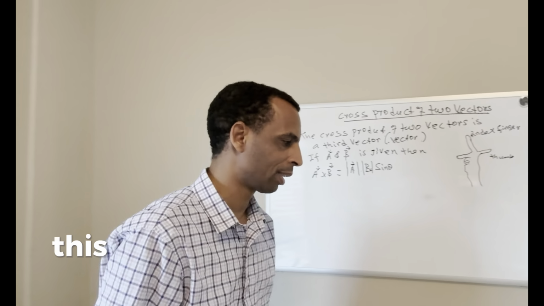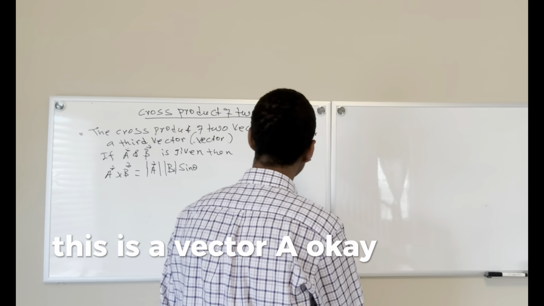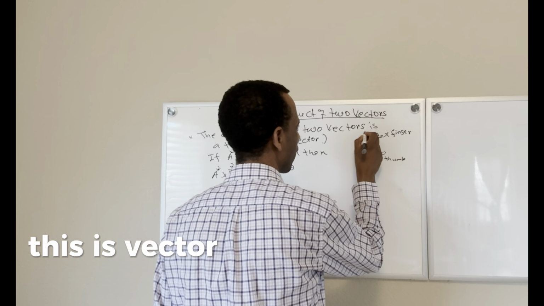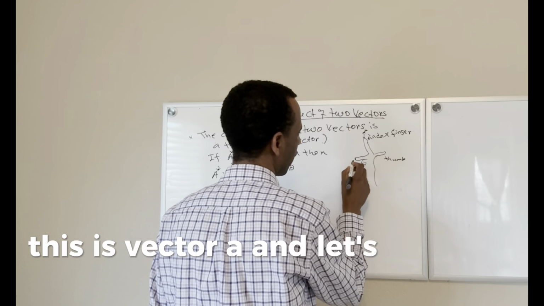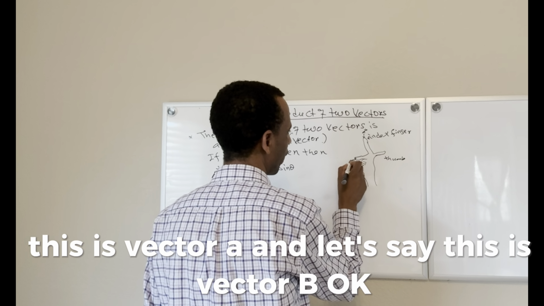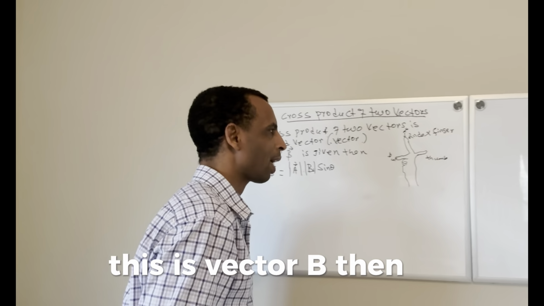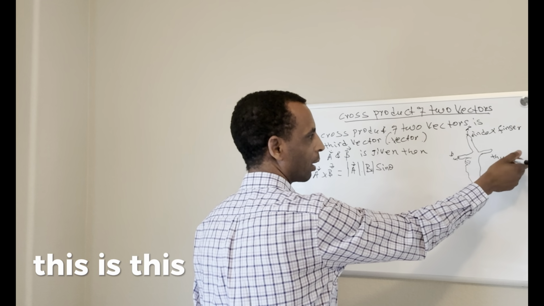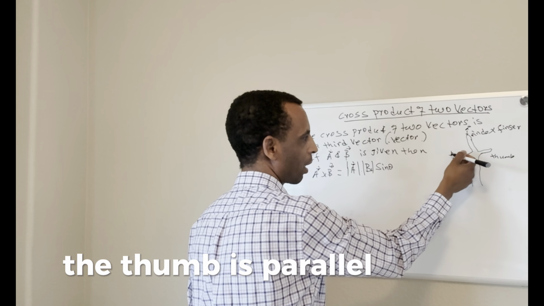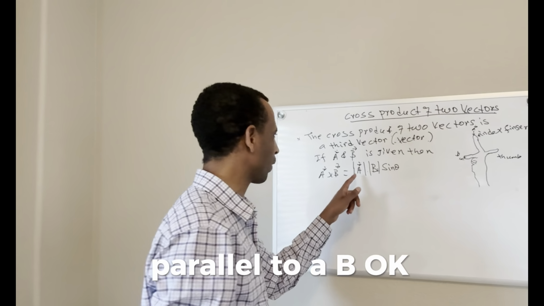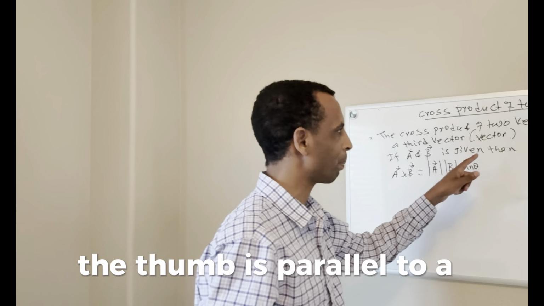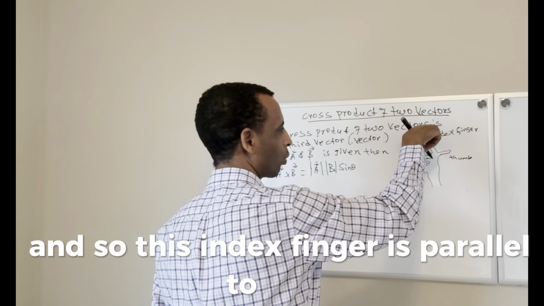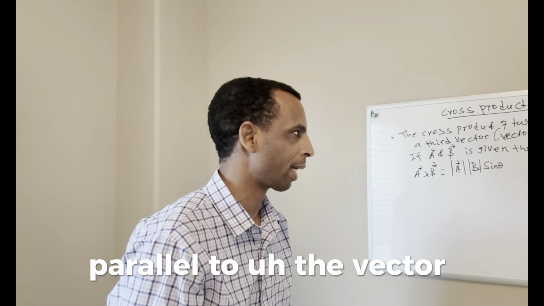Let's say this is vector A, and this is vector B. Then look here. The thumb is parallel to B, and the index finger is parallel to vector A.